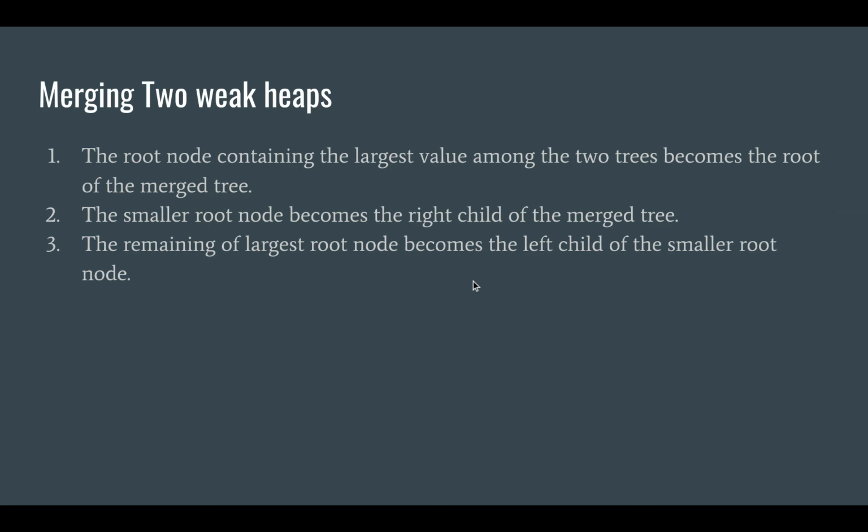Second, the smaller root node becomes the right child of the merged tree. The third is that the remaining part of the largest root node becomes the left child of the smaller root node.